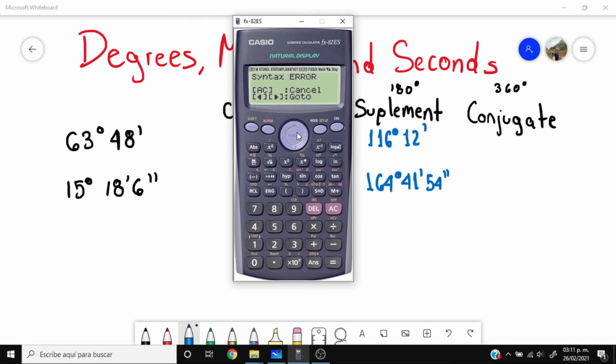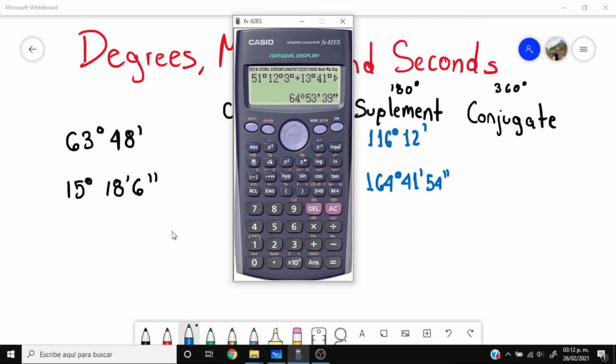So the calculator is going to, wow, I guess I made a mistake. What was the mistake? Oh yeah, I see the mistake. I forgot to press the key. So that will be the answer.